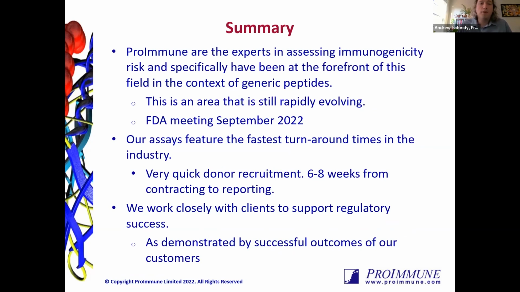So in summary, what I wanted to make sure I drive home is that this is an area that's been rapidly evolving, and ProImmune are experts in assessing immunogenicity. We really are on the forefront of this field, and we've been working with generic peptides in this context since the beginning.